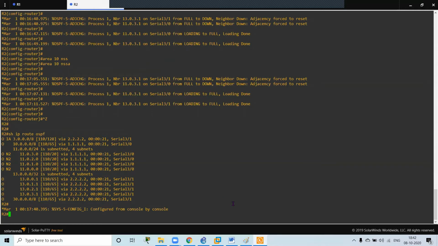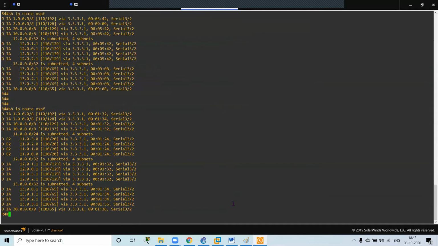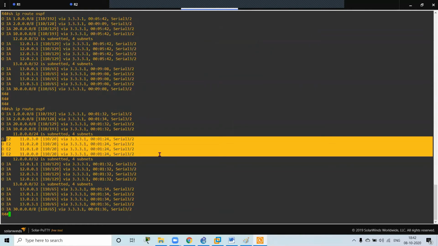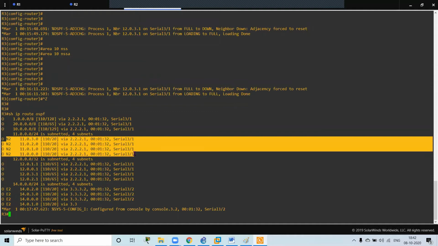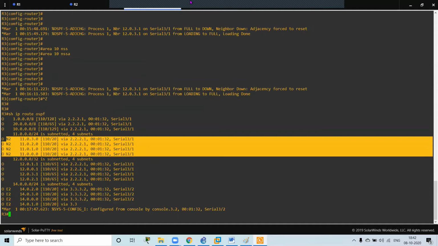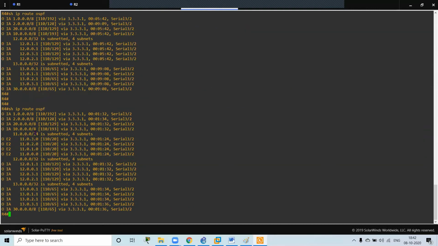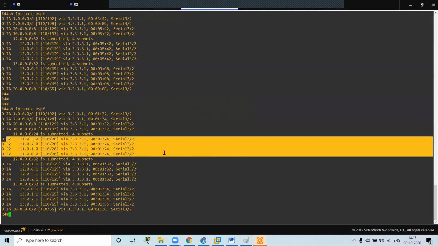When the routes go outside the stub area, they will become what? LSA 5. You can see here on R4 it is LSA 5, on R3 it is N2 routes, but on R4 they are LSA 5. Understood?